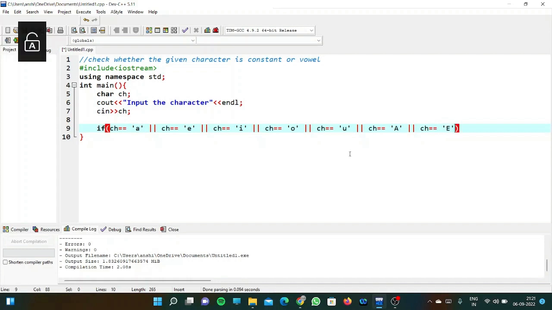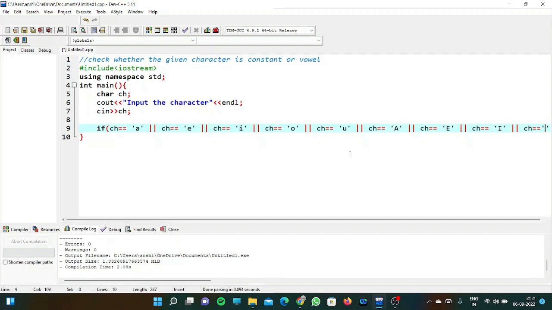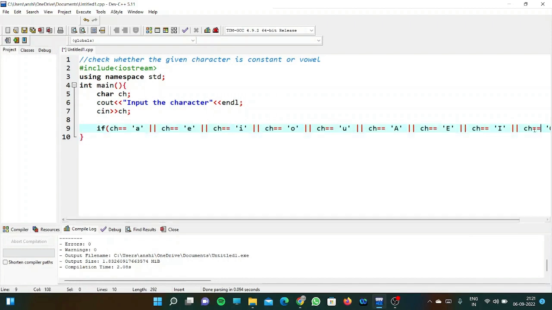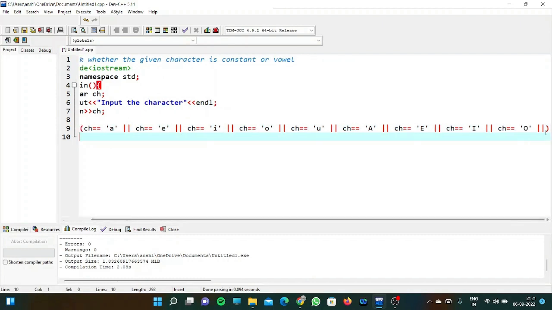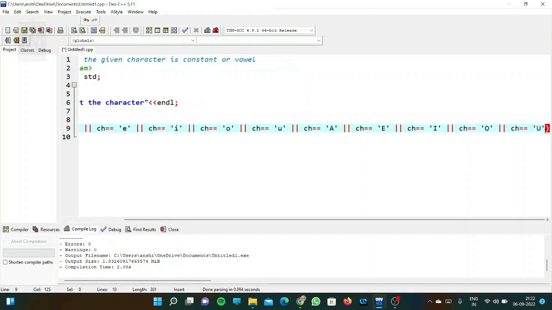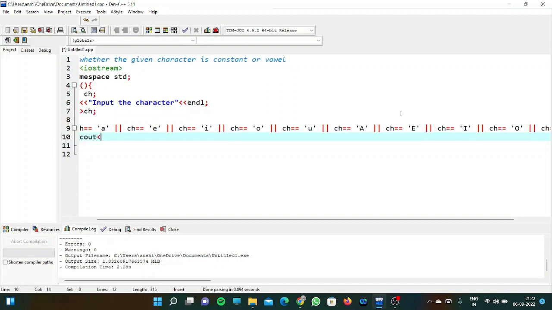A, E, I, O, oh sorry, U. Okay. Now we can write cout the character is vowel.